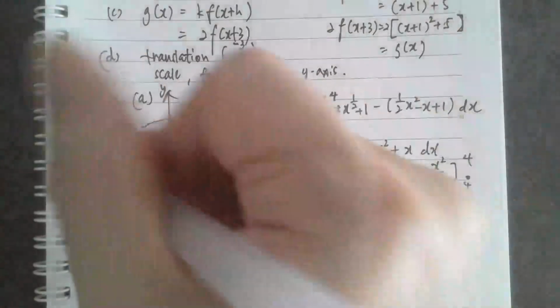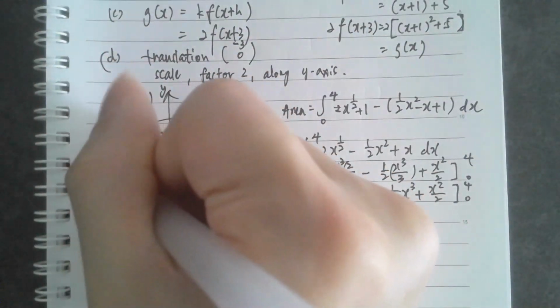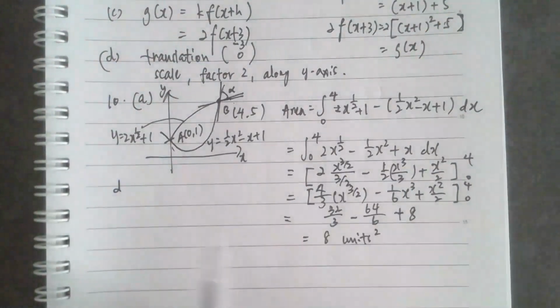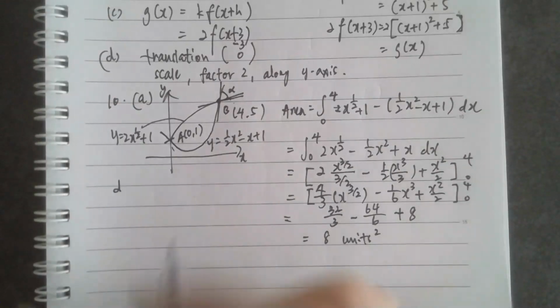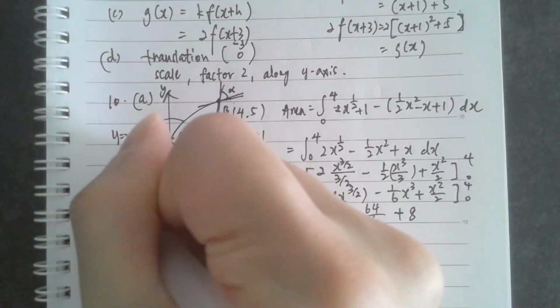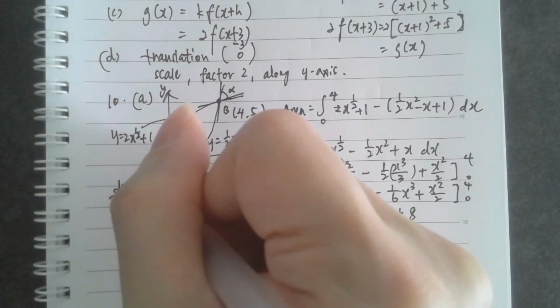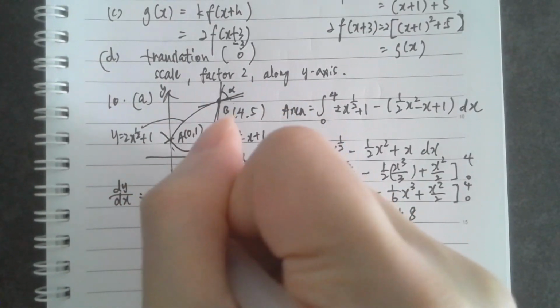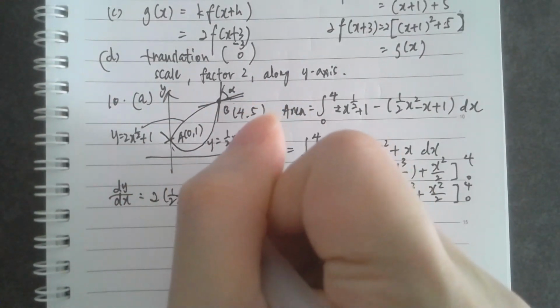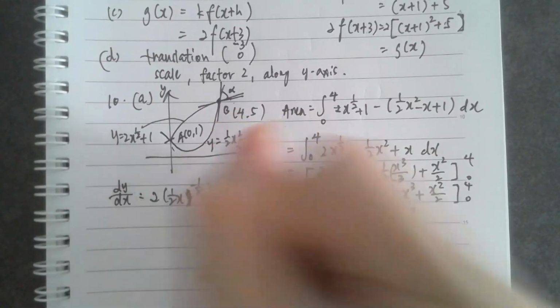So first of all, we differentiate this one on the left, the one that is above. So dy dx essentially is just 2 times half x to the power of minus half, sorry, the minus half goes with x.